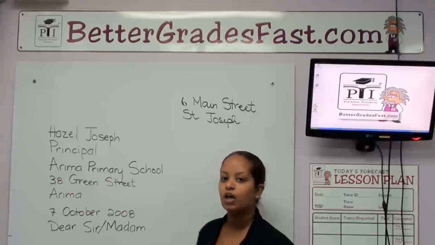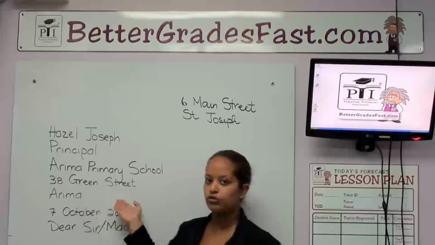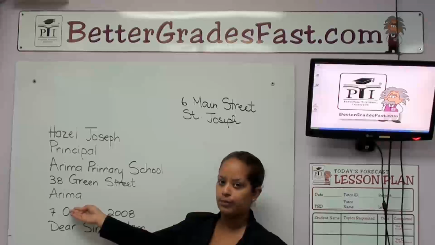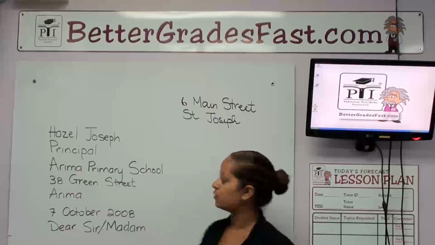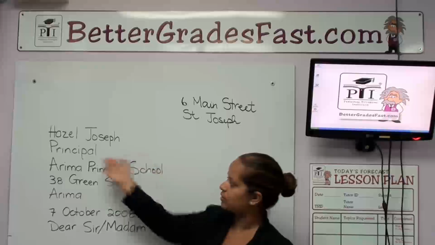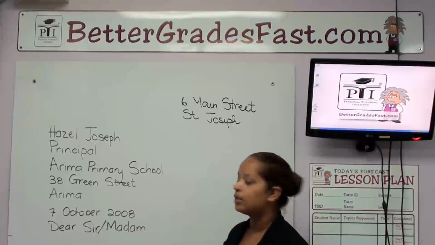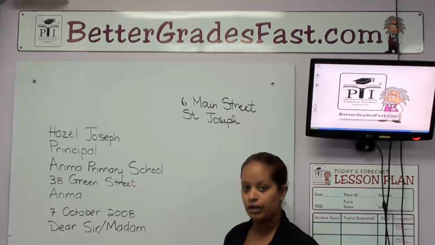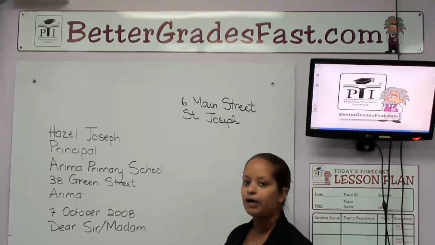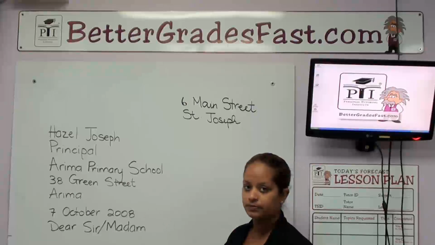You then put the address of your school, 38 Green Street, then town name, Arima. Again, note that there are no punctuation marks at the end of each part of your address. The punctuation marks, meaning commas and full stops, are used for friendly letters, not for business letters.